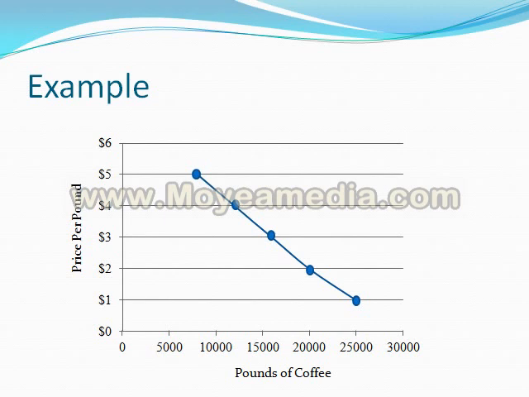Price goes up to $2, your quantity demanded dropped to 20,000. And so forth. $3, it dropped down to 16,000. $4, it dropped down to 12,000. And $5, it dropped down to 8,000. So this here is your demand curve.